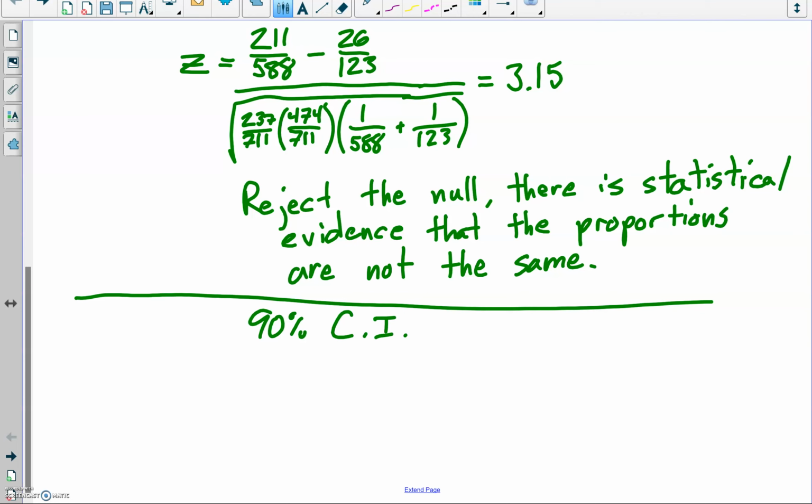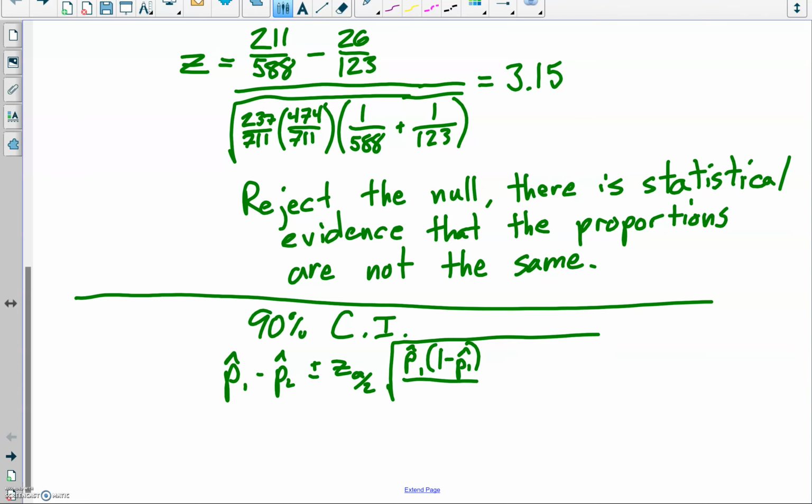The formula for the confidence interval in general is going to be the P1 hat minus the P2 hat, and then we're going to do this plus or minus the z alpha over 2, times the square root of P1 hat times 1 minus P1 hat over N1, plus P2 hat times 1 minus P2 hat all over N2.